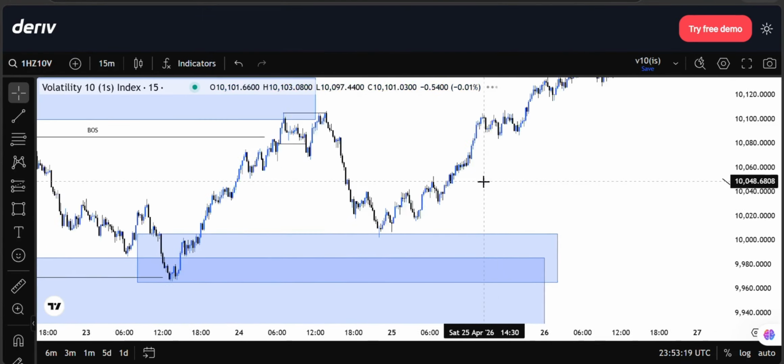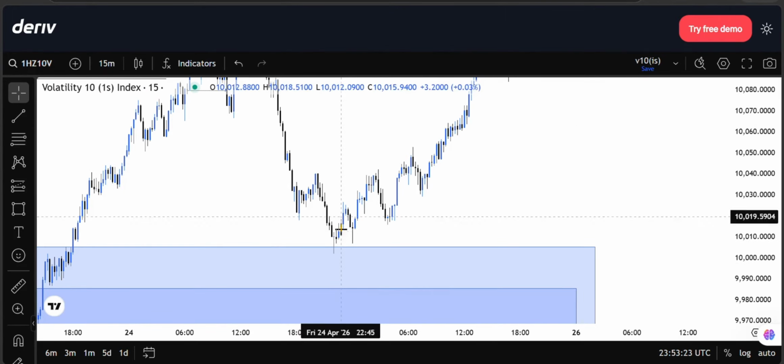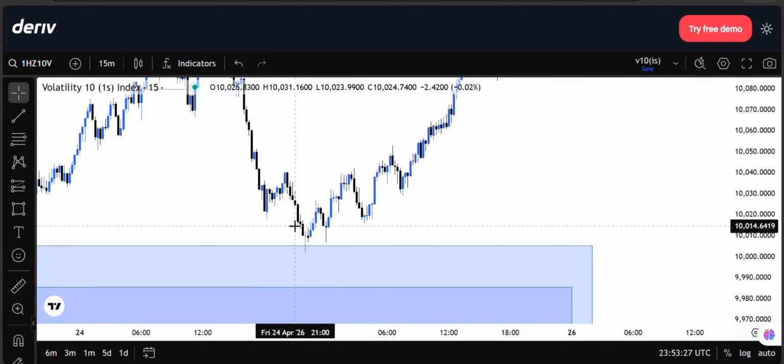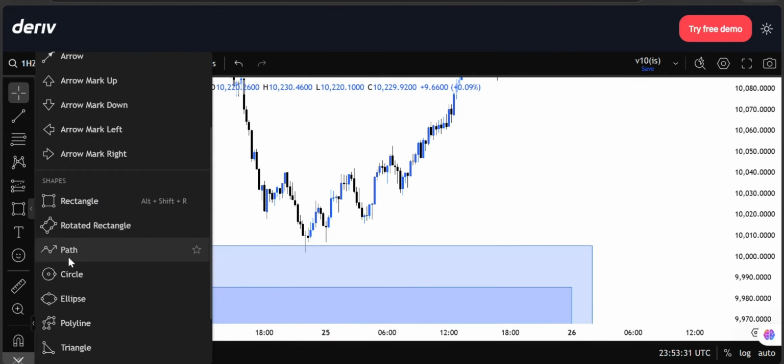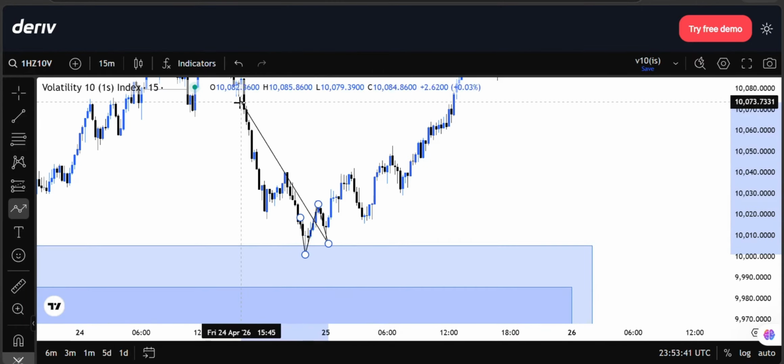Okay, so coming down to our 15-minute time frame, we see how price tapped into our zone. After price tapped into our zone, we have this break of structure, which of course is a change of character because it was selling, from bearish to now bullish, which is actually the privileged trend.